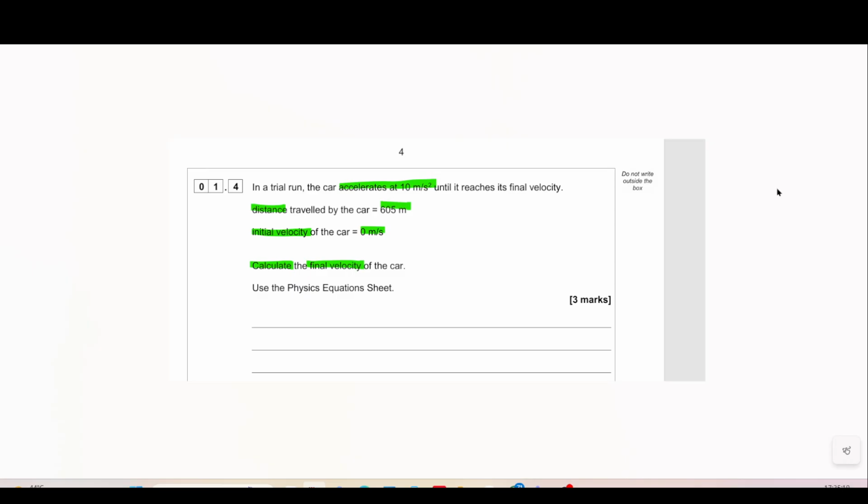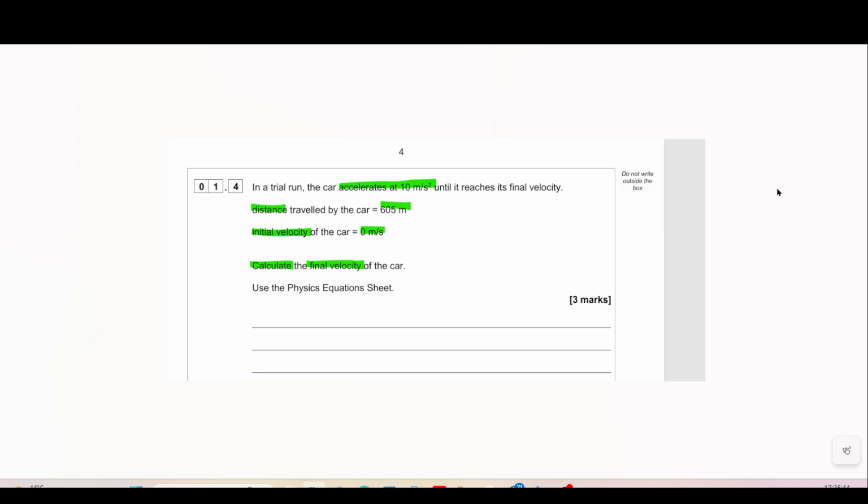Okay. I have acceleration equals change in velocity divided by time taken. But that does not have two velocities. Okay, that has, but that doesn't contain distance.